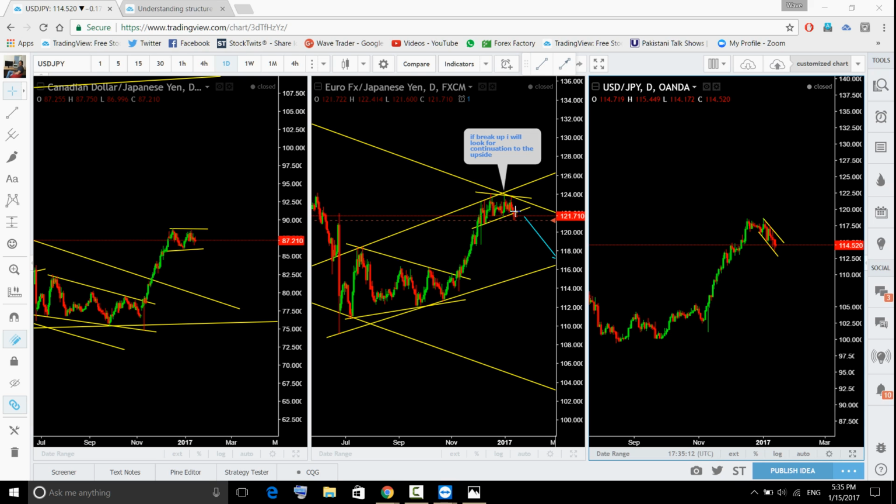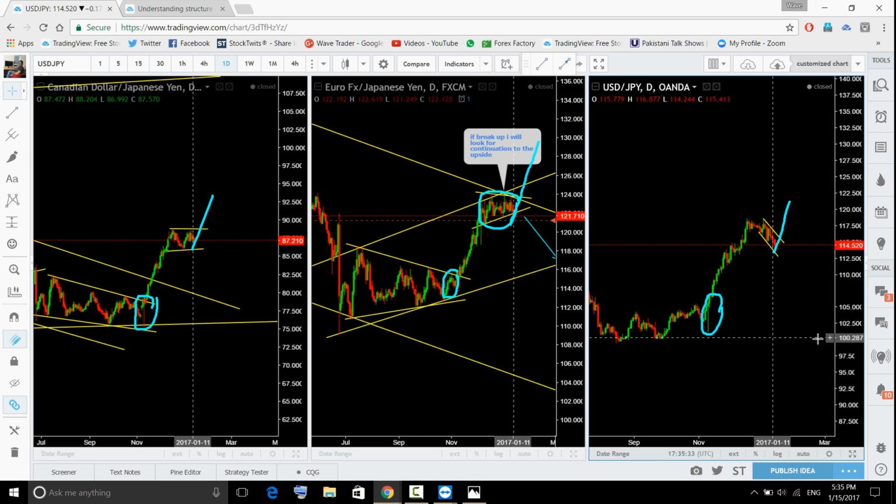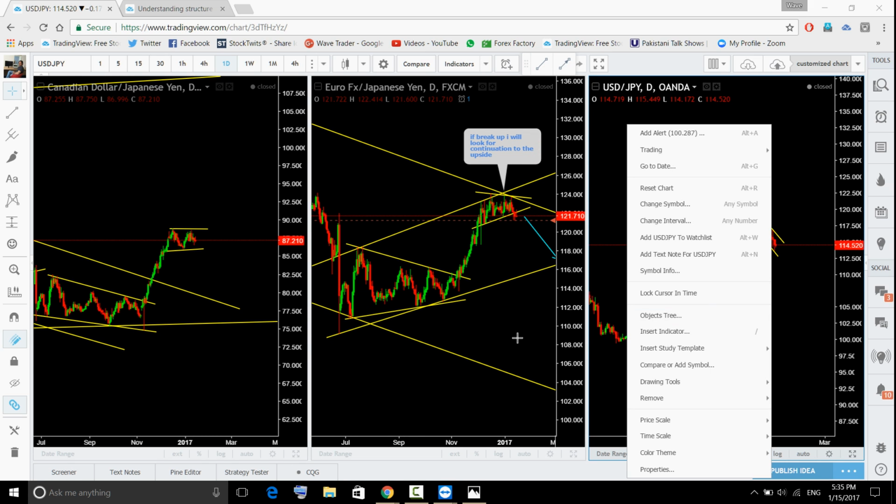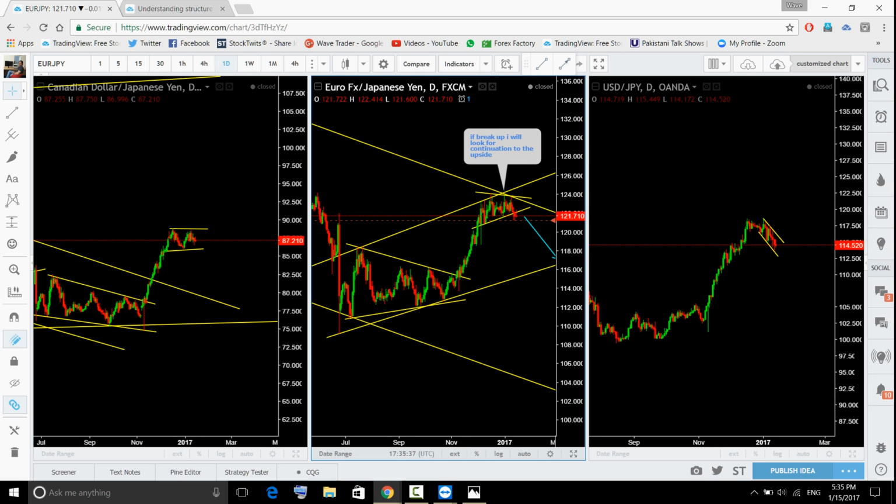For continuation, price has to rise aggressively to the upside on these pairs. It will give you an indication when it starts to rise, a sign that it is going to continue to the upside. A clear breakup is required for continuation on these pairs.